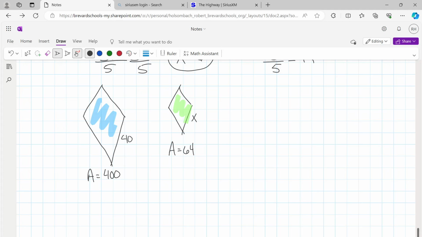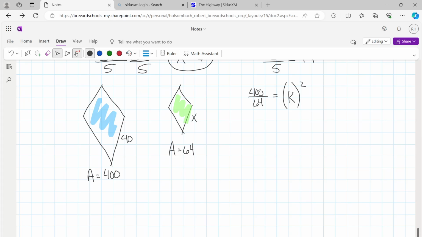First thing we're going to do is find the scale factor. Find the scale factor of blue to green, then find X. So blue to green again, so that means blue is in the numerator. So we're going to say 400 over 64 equals k squared, k being the scale factor.